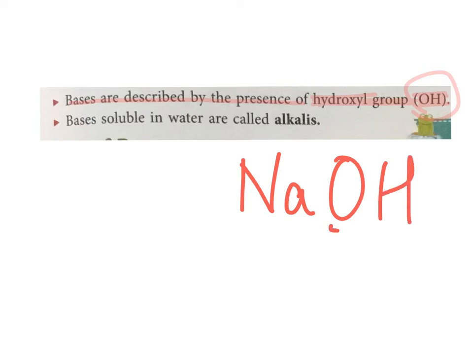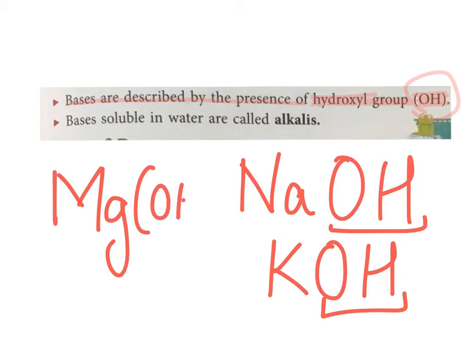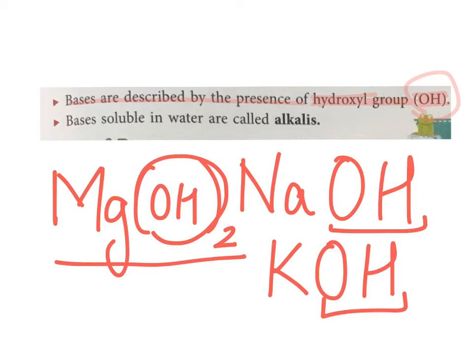It is a base and you can see OH group, that is hydroxyl group is present in it. Potassium hydroxide is again a base, OH group is present. Your magnesium hydroxide, Mg(OH) twice. It is also a base, and you can see the presence of this OH group.